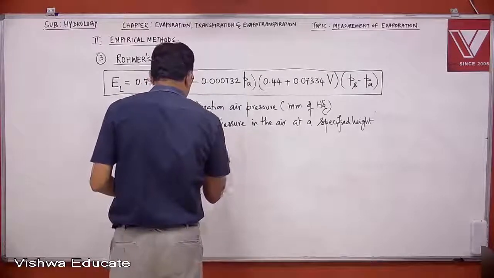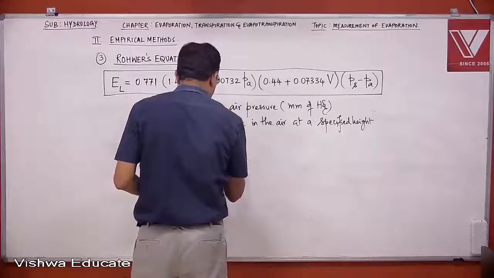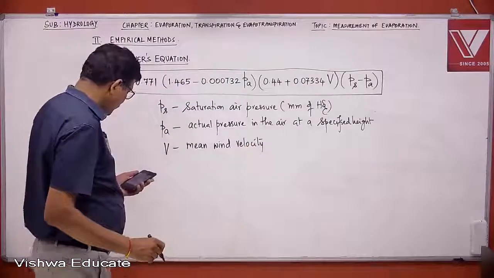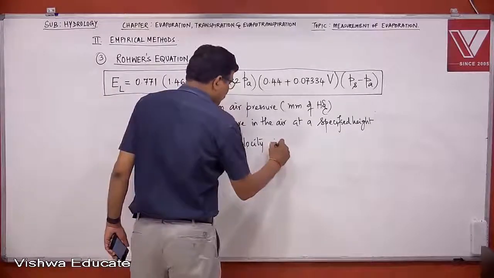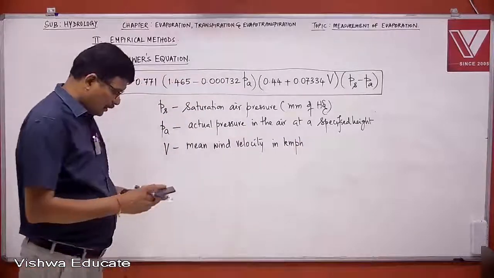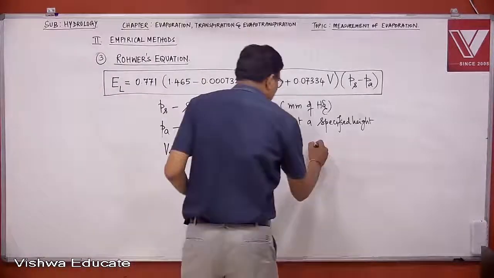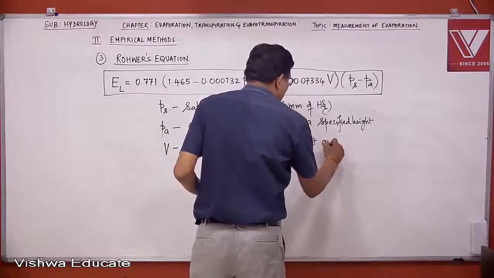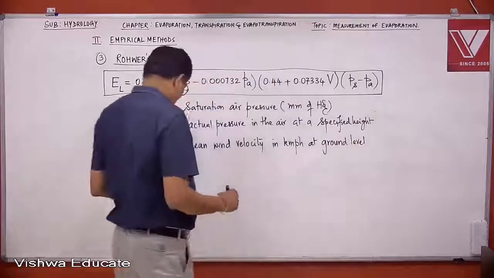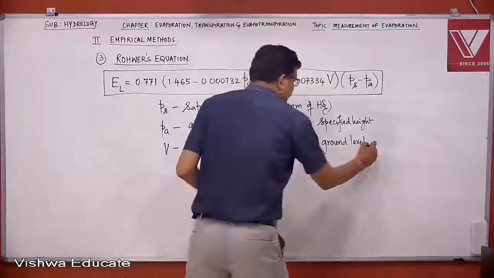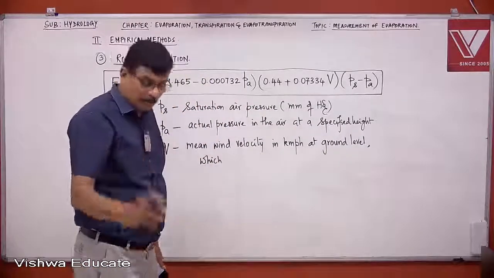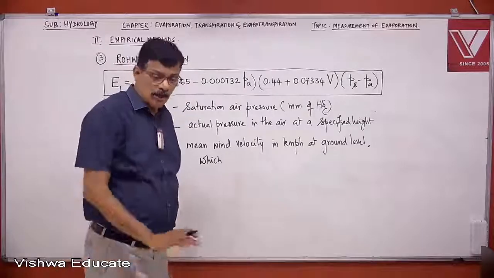Mean wind velocity in kilometers per hour at ground level. Ground level means, do you think it is in contact with the ground?